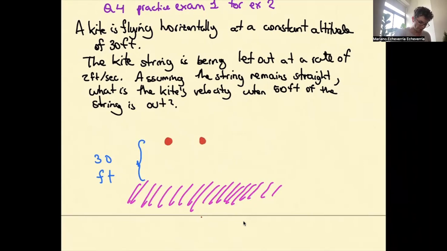So you can put a bunch of dots representing the position of the kite at different times. But you see, it always remains at an altitude of 30 feet. If you can imagine a kid with the string playing with a kite, maybe there's a fixed location where the kid is located, so there's the string here.